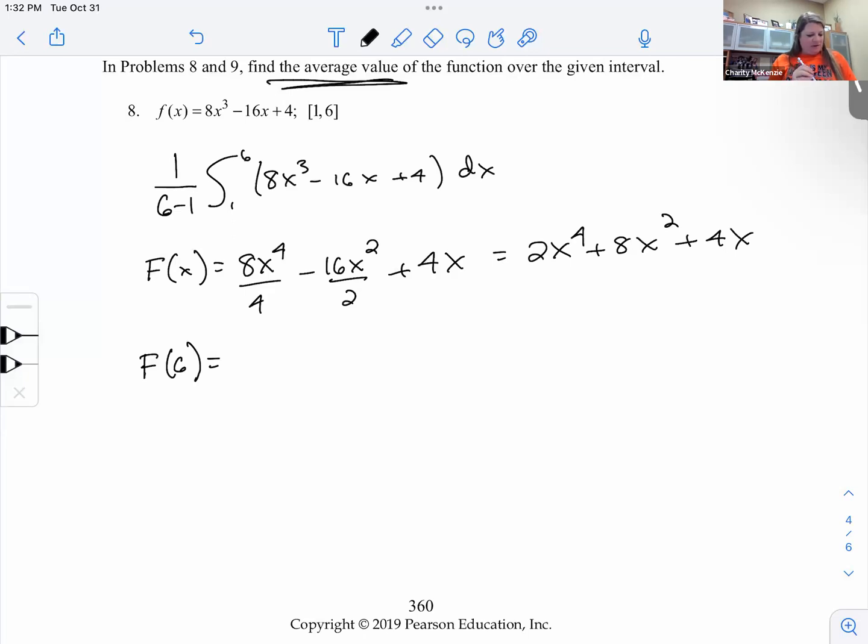Why do I have a different answer? I don't know. I don't see 2x to the fourth, so add 1. That's a square. That's a 4x. No, I don't see anything wrong. All I put in my calculator is the 2x 6 to the fourth.